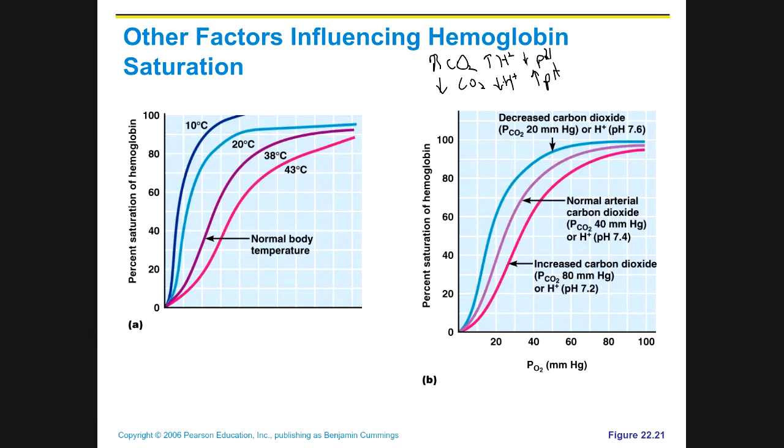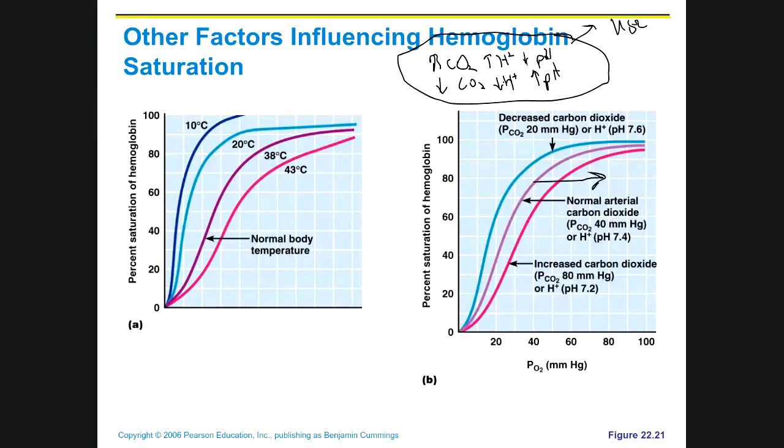And that's why there's only one graph for all three of these, because they're really connected into basically one thing. The reason I asked you to memorize it is, remember, you're going to use this forever if you stay in healthcare. If I increase carbon dioxide, increase hydrogen ions, or decrease pH, the curve shifts to the right.